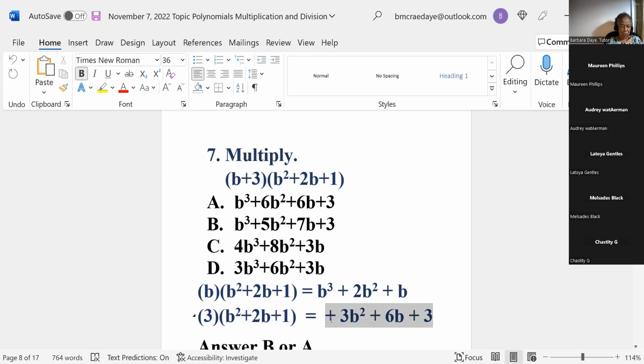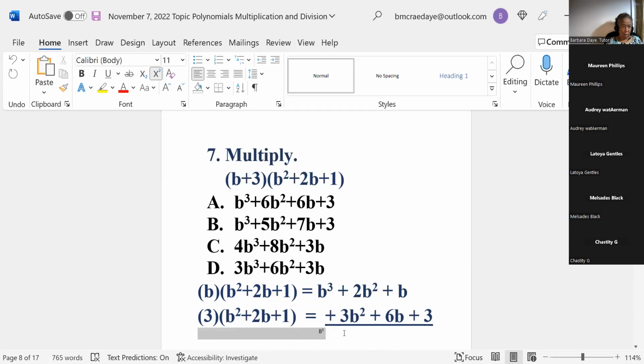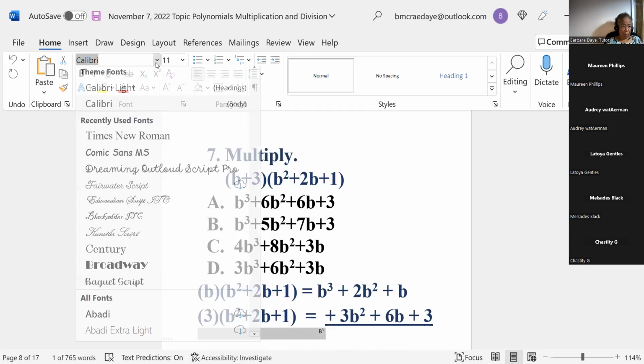So what goes first, Mercedes? B to the 3rd power. Okay, so you write this here, B to the 3rd power. We write it in standard form. Make that bigger.